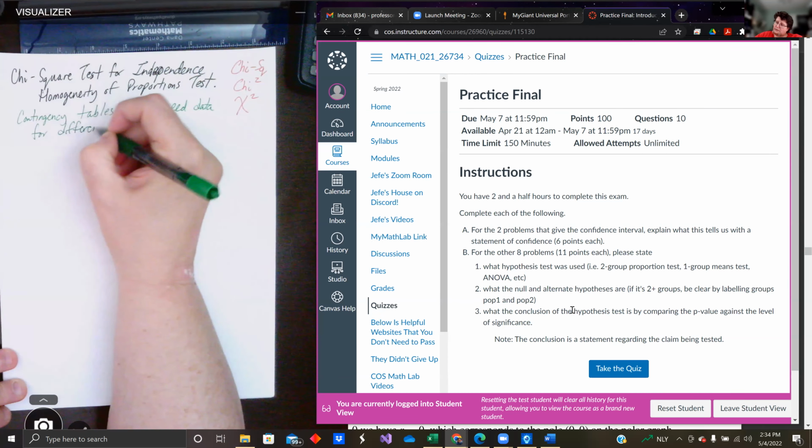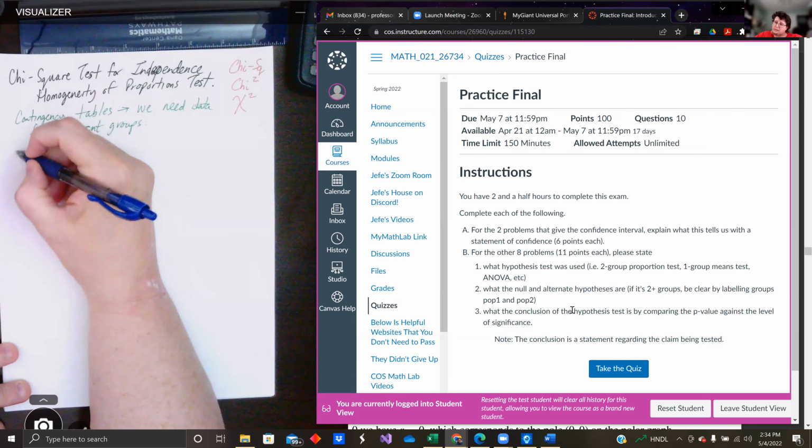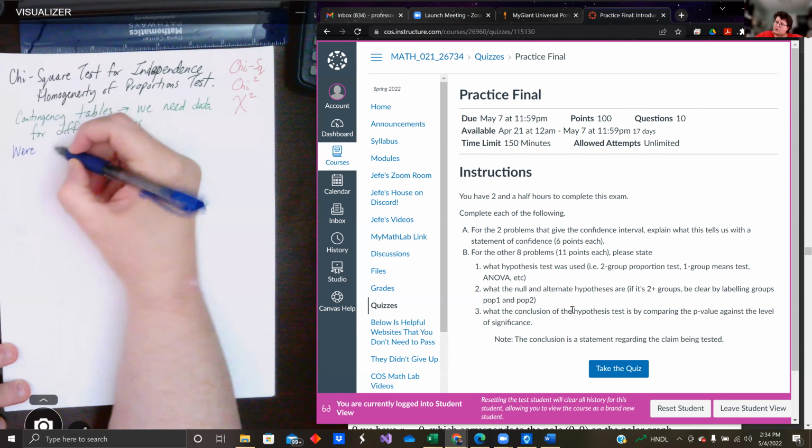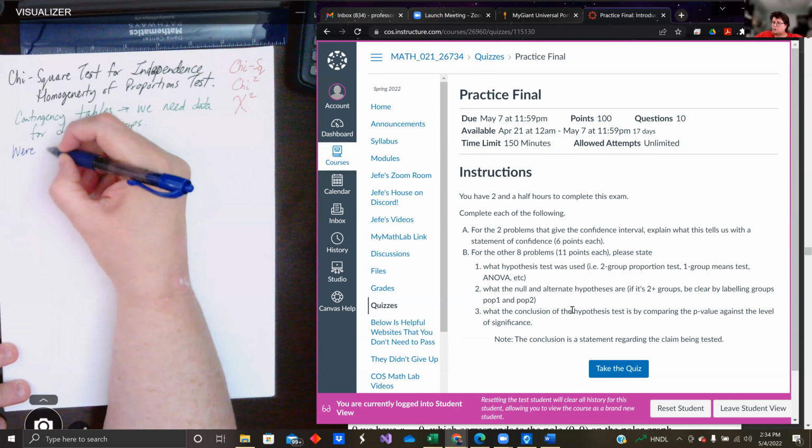And what we checked here was, were the row categories independent of the column categories? Columns are usually the populations, and the rows were usually options.